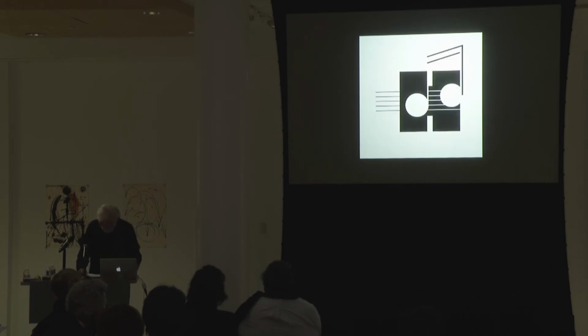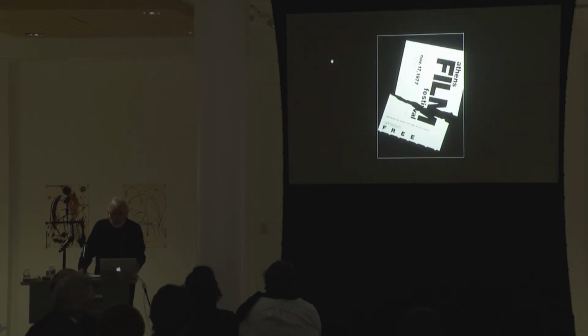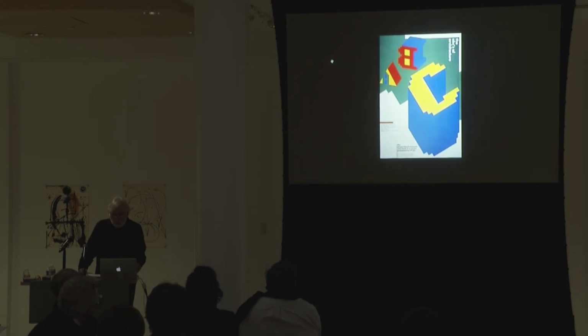The first one was for an arboretum, a music house, National Flag and Banner Company, and then event posters. They don't need any explanation because they should communicate clearly what they're about, or they wouldn't function.